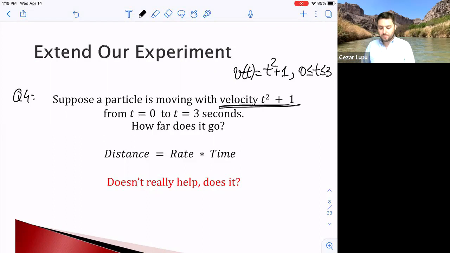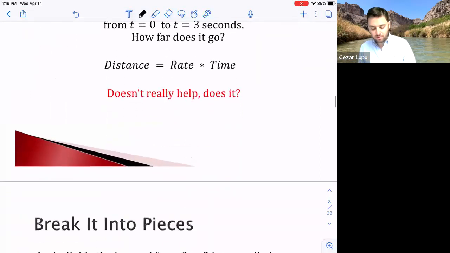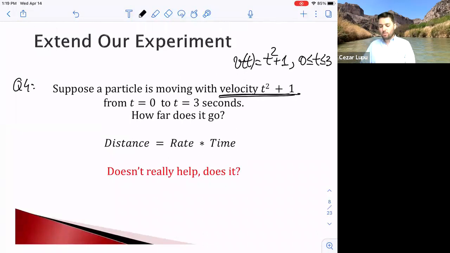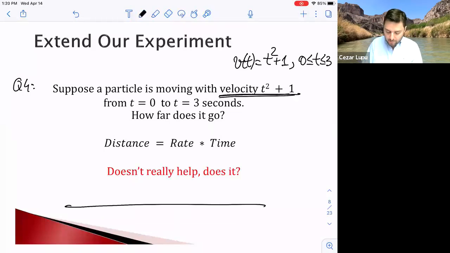But you see, this is a very crude approximation, what we said. So what did we do here? We knew that t is from 0 to 3. So we said, let's break this into pieces. Let me write it this way. I have this line here, from 0 all the way to 3.